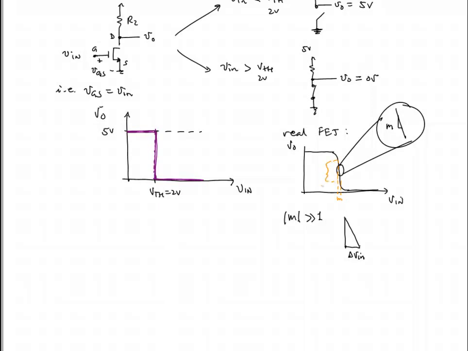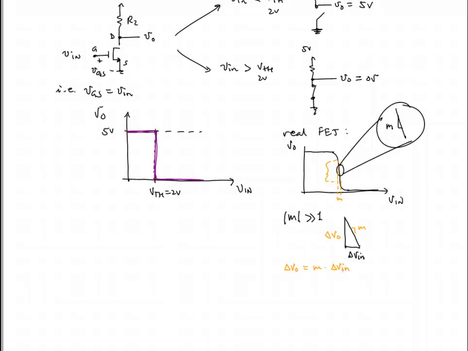By this much. That's what I'm trying to show by making this triangle with the slope of M. What we see is that delta VO is equal to M times delta Vn.